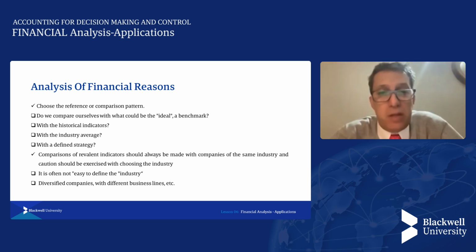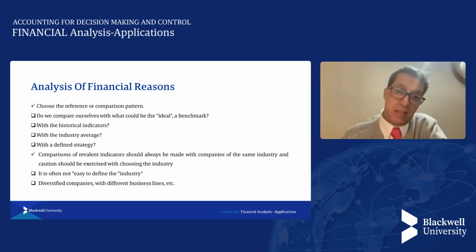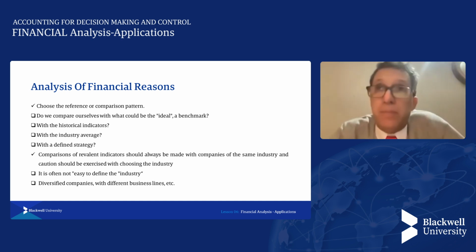And in this sense, obviously, comparisons of relevant indicators should always be made with companies in the same industry, and we must be cautious when choosing the industry. Many times in this regard, it is not easy to define the industry because, in essence, we sometimes have diversified companies, and at other times we have companies with different lines of business.